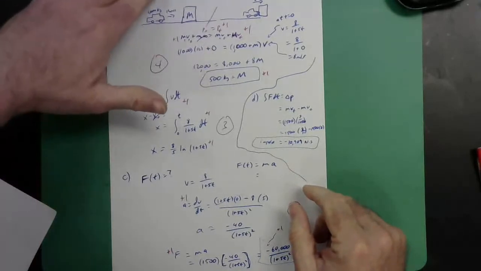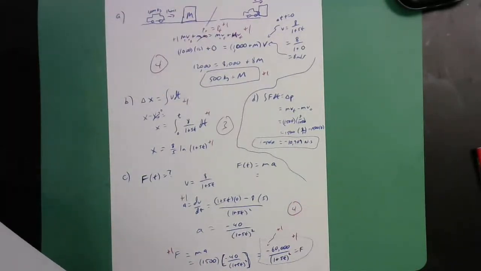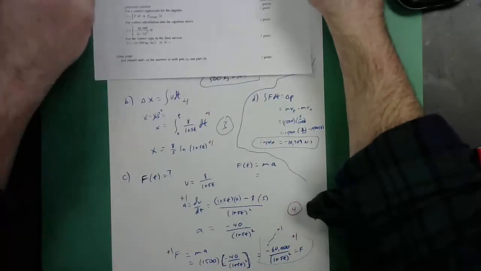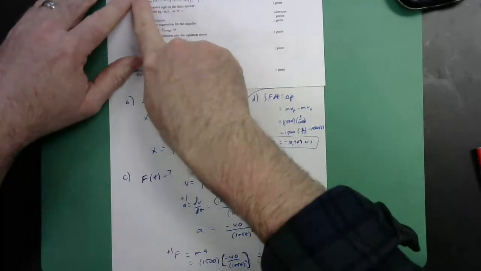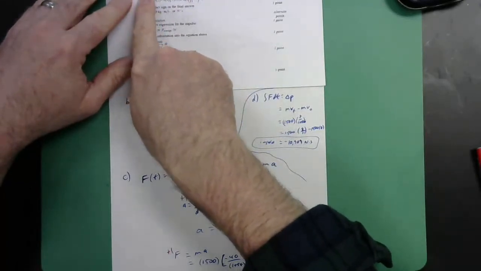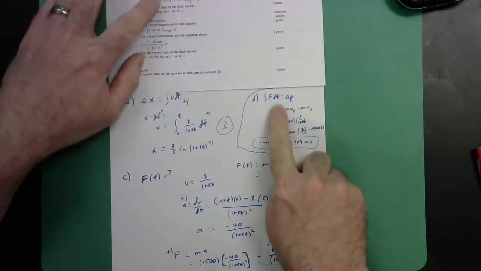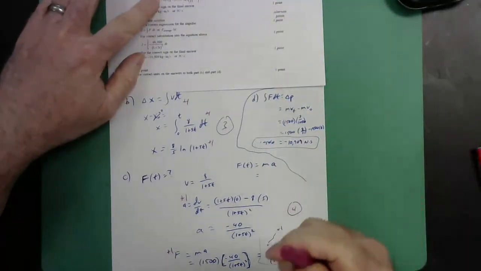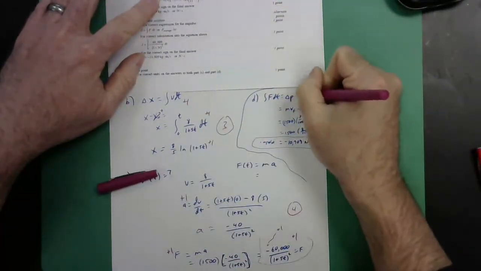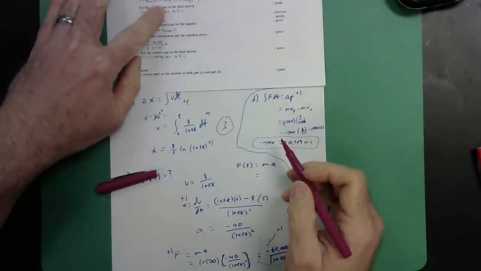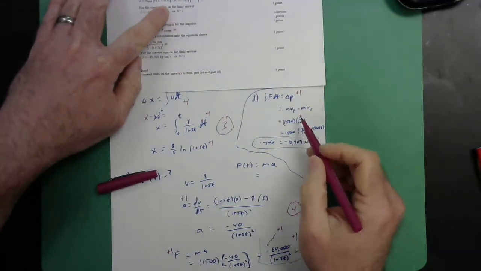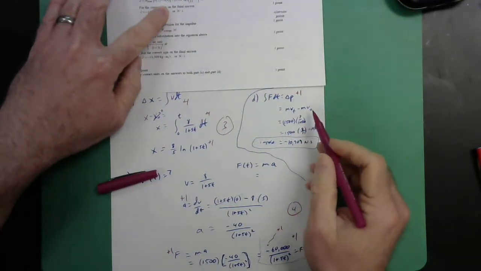Okay, let's see what their solution looks like, their scoring guide. They say, for a correct expression for the impulse, that's big J equals delta p, or m times delta v, we get a point for that. For a correct substitution in total mass times v at 2 minus v at 0, times the change in v, that's what I'm doing here. Mass times the final velocity minus mass times the initial velocity.